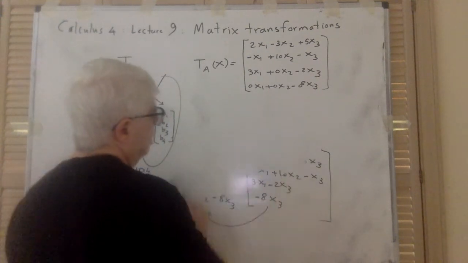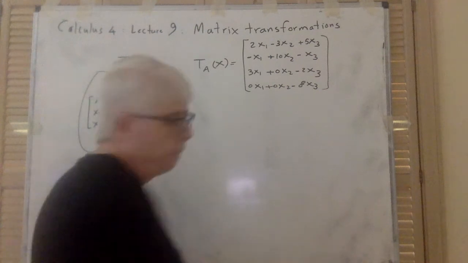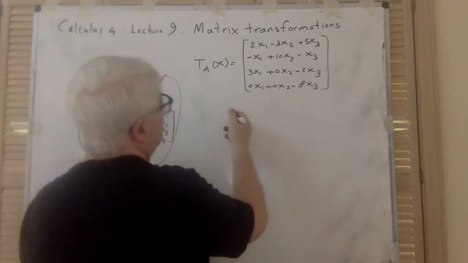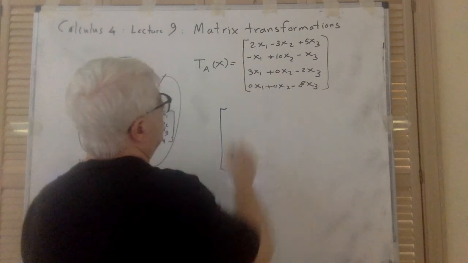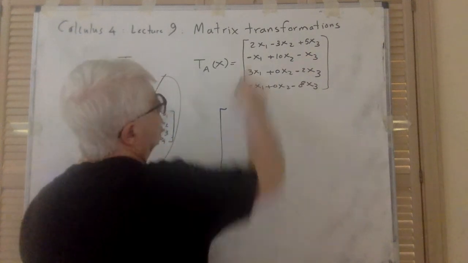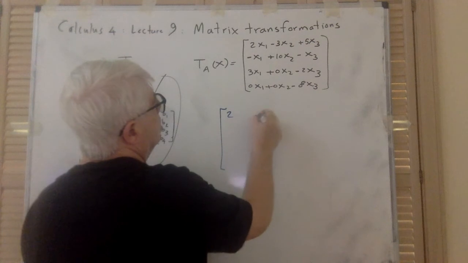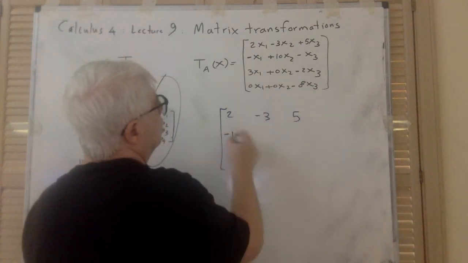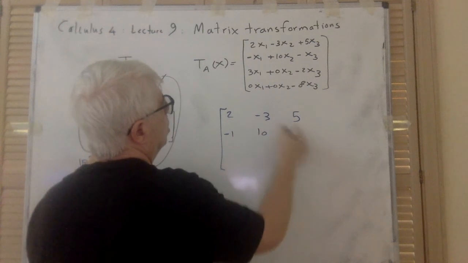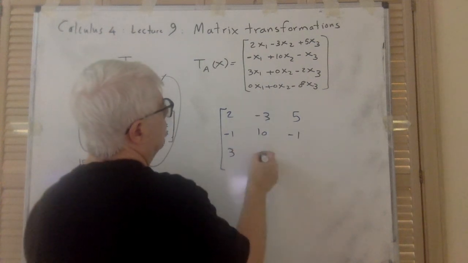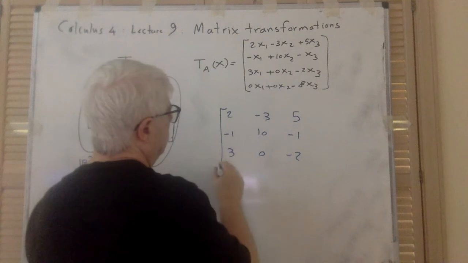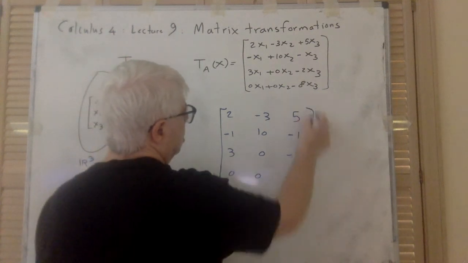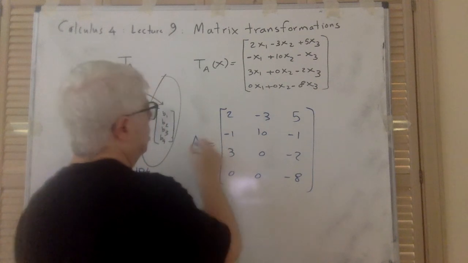So I easily can write the matrix, just write the coefficients. 2, minus 3, 5. Minus 1, 10, minus 1. 3, 0, minus 2, and the last one is 0, 0, minus 8. This is the matrix A.